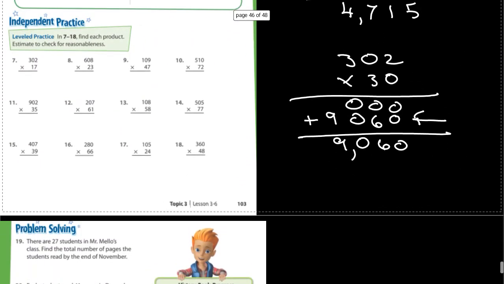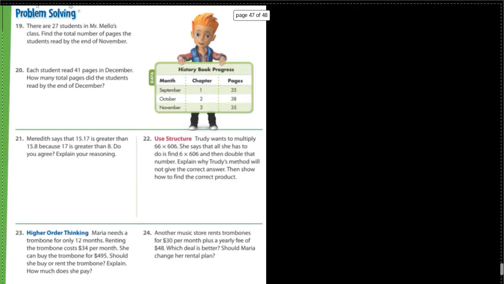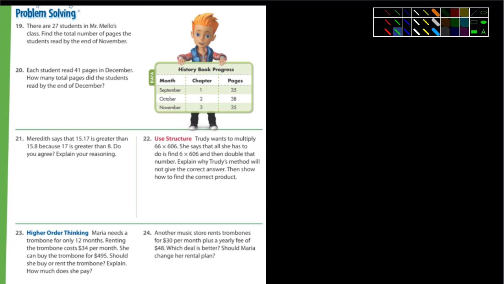So they've got a bunch of problems like the 2 I just did, and I expect you guys to do those. And then let's look at the problem solving real quick here. 27 students in Mr. Mello's class. Find the total number of pages the students read by the end of November.